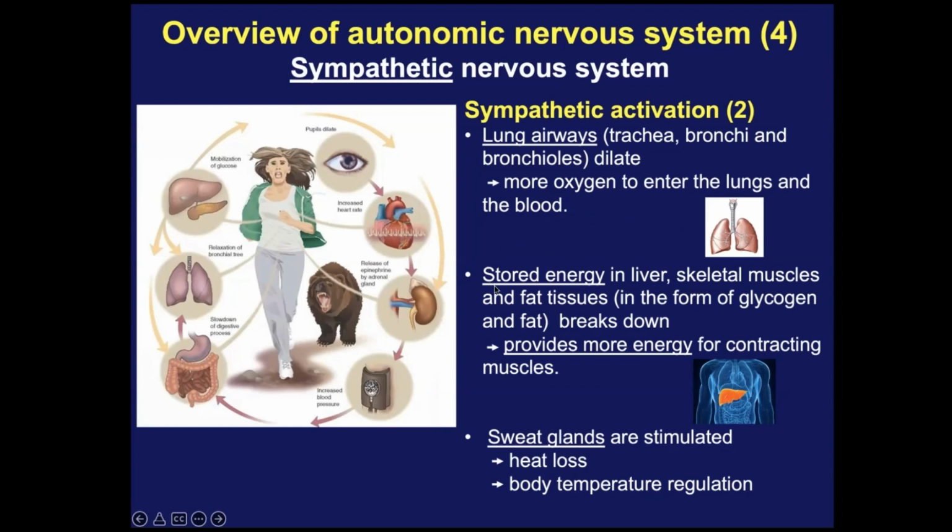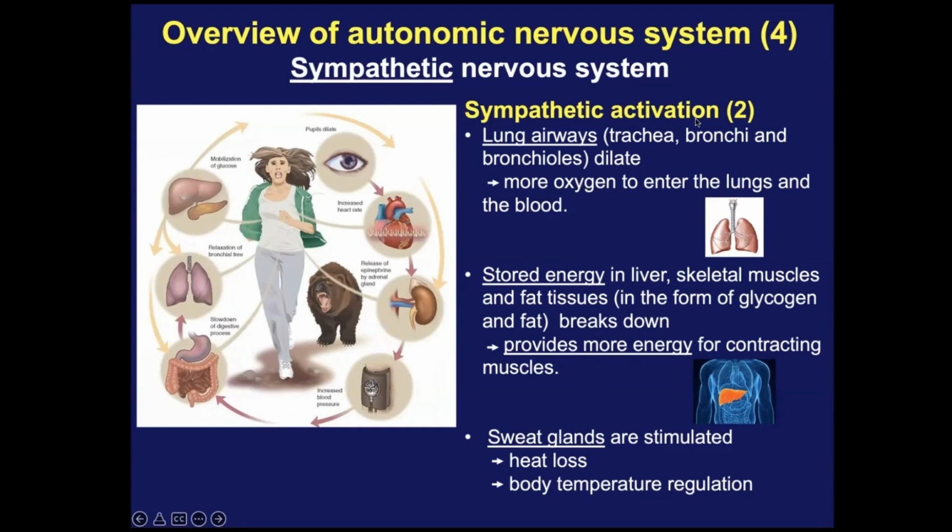In the meantime, the stored energy in the liver, skeletal muscles, and fat tissues in the form of glycogen and fat will break down into small molecules such as glucose and fatty acids that are released to the blood to provide more energy for the contracting muscles.